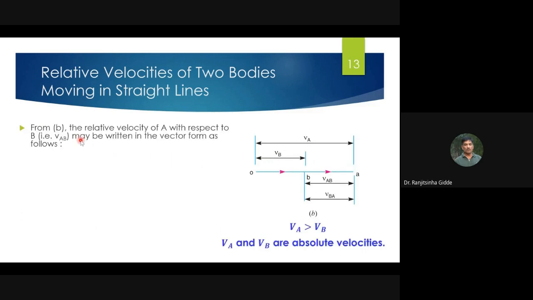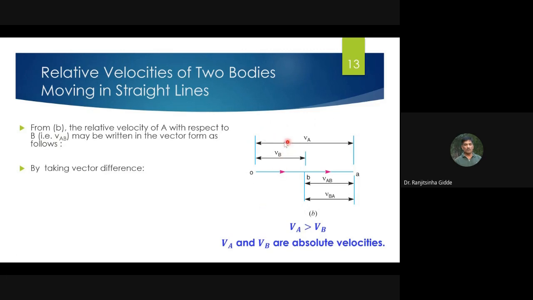But now from figure B, the relative velocity of A with respect to B, that is VAB. आता त्याच्याऐवजी जर असं असतं, the relative velocity of B with respect to A, तर इथं VBA. VAB means relative velocity of A with respect to B. With respect to B means the second body, and the first we are denoting as the first alphabet here, and it can be written by taking the vector difference.